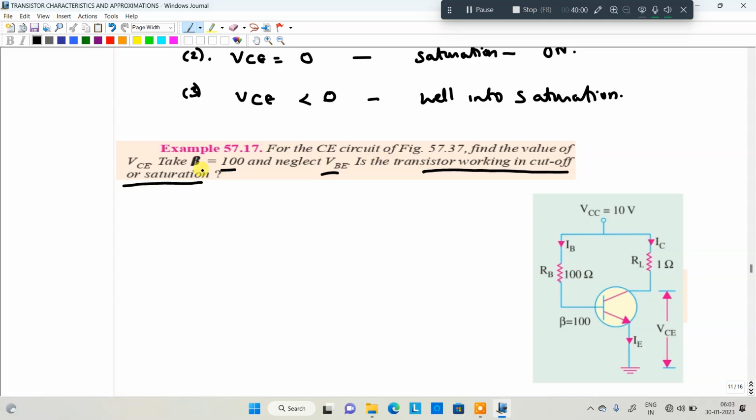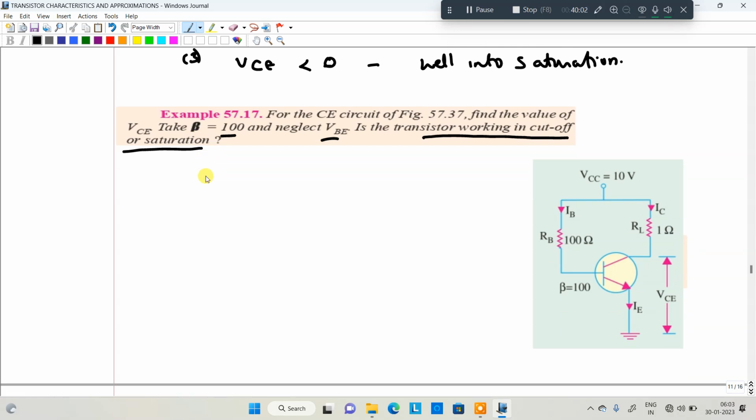Is the transistor working in cutoff or saturation? So look here. How to find out cutoff or saturation with the help of VCE? VCE is equal to VCC minus IC into RL.